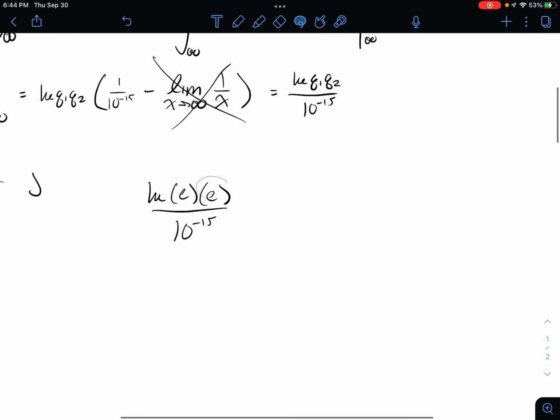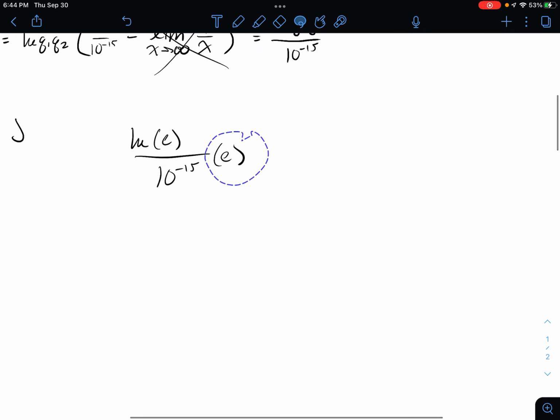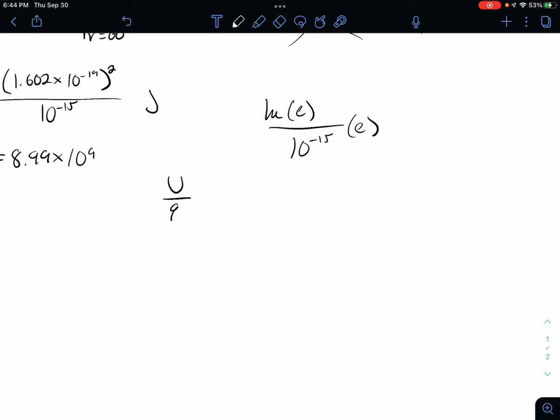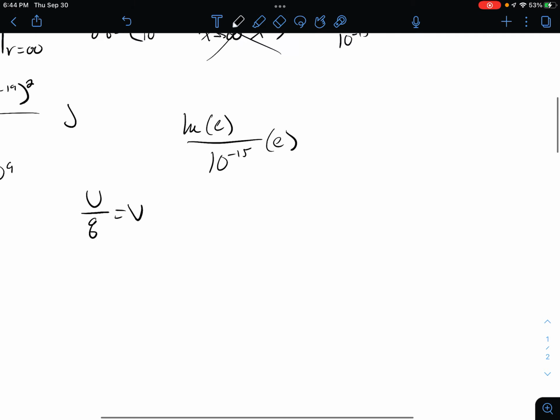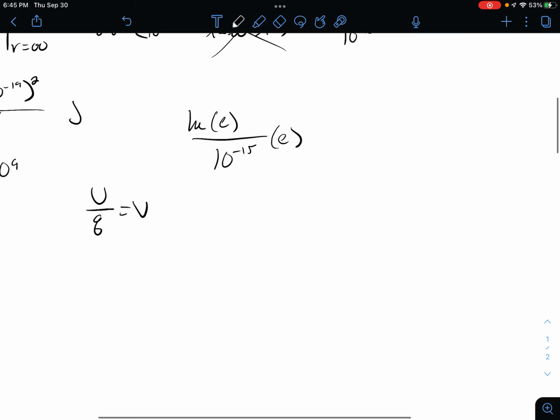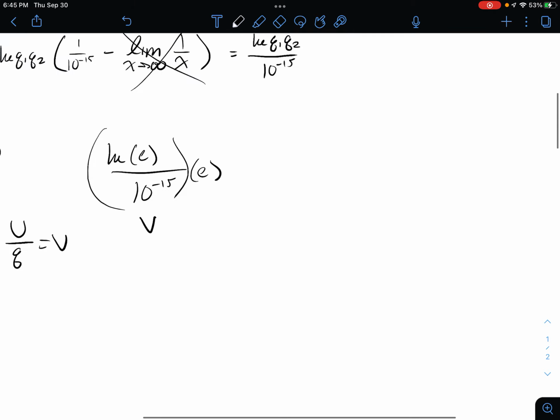If we take this E and move it over here, we're dividing out this charge. We have U divided by charge. That's going to give us our electric potential instead of our electric potential energy, right? So what we have now is in volts.